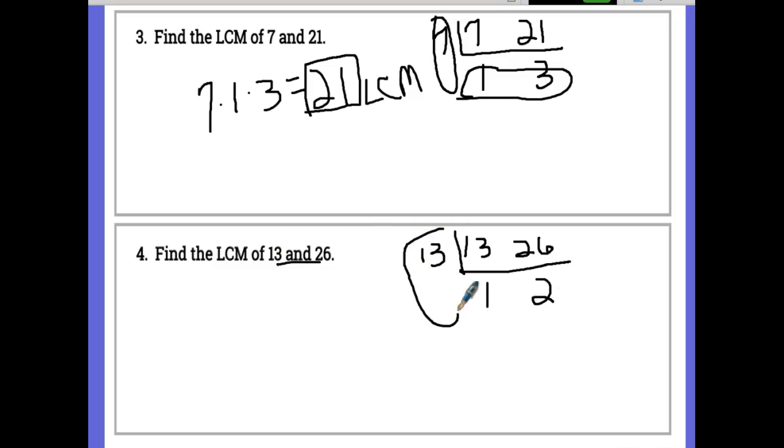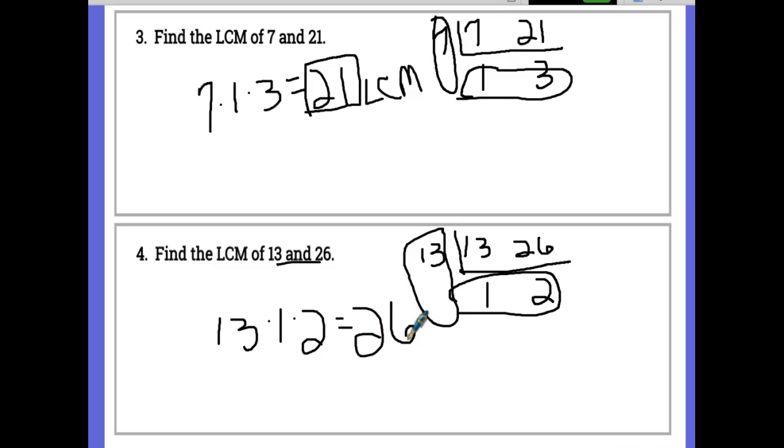I'm going to circle. There's my L. And 13 times 1 times 2. And 13 times 1 is 13. 13 times 2 is 26. And that's your least common multiple.